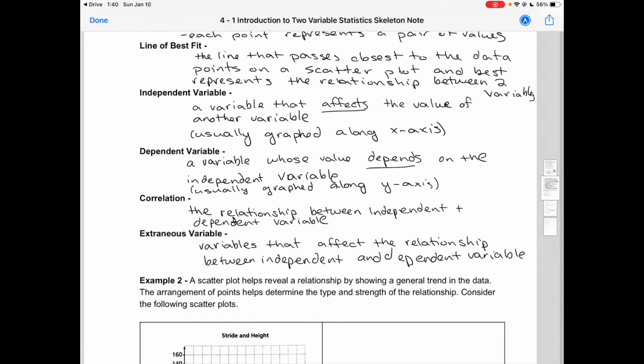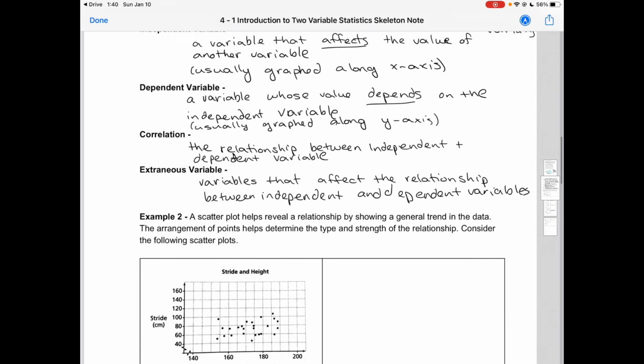So in our example above, an extraneous variable could be taking driver's training. People who took driver's training hopefully have fewer fatal accidents. That would be something that could impact the relationship between the two variables that we're investigating.